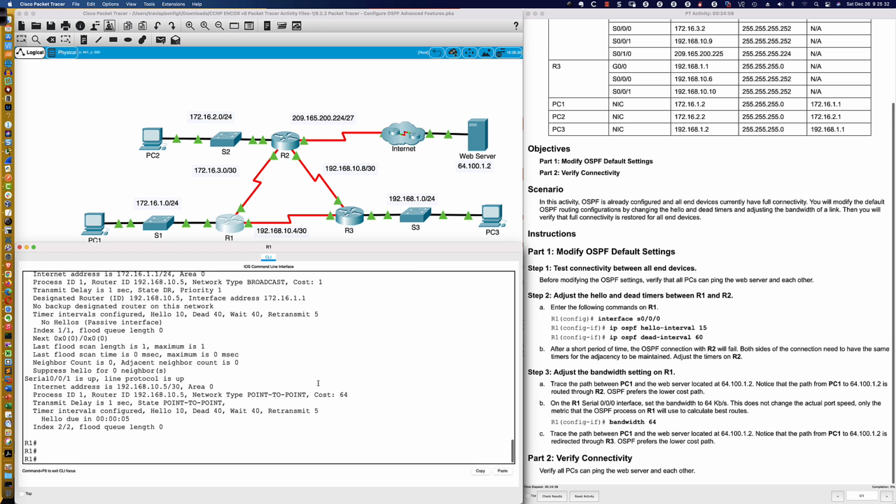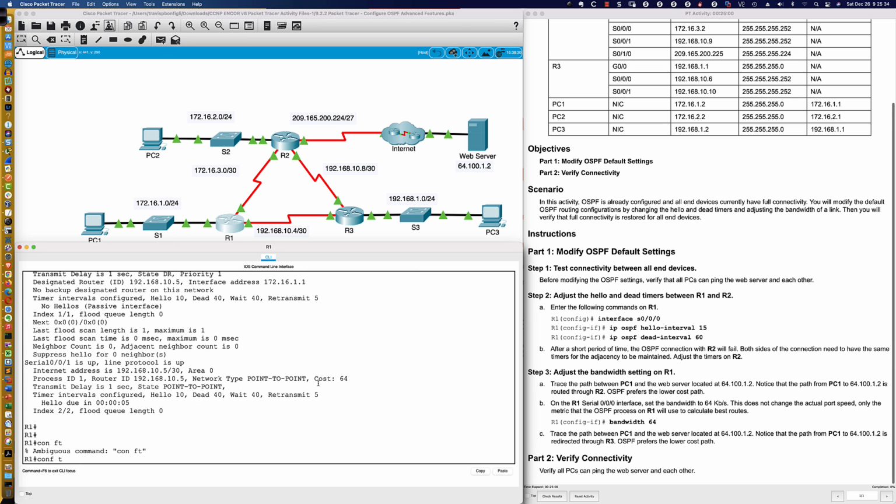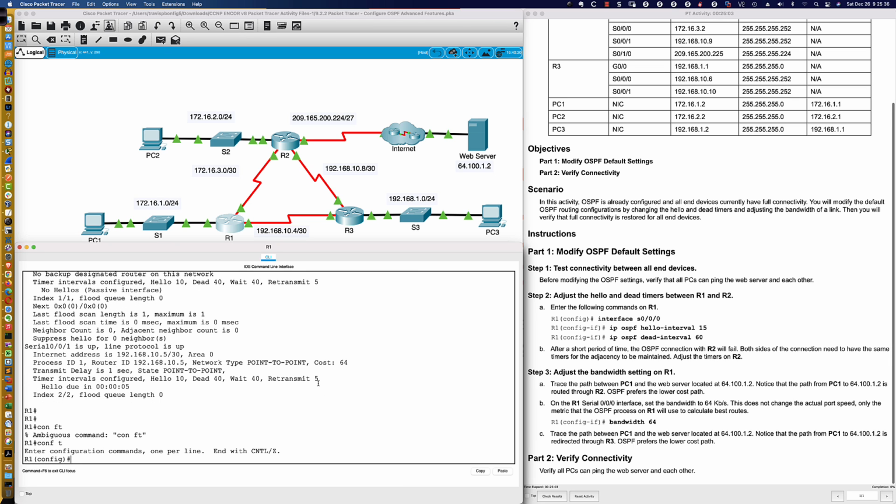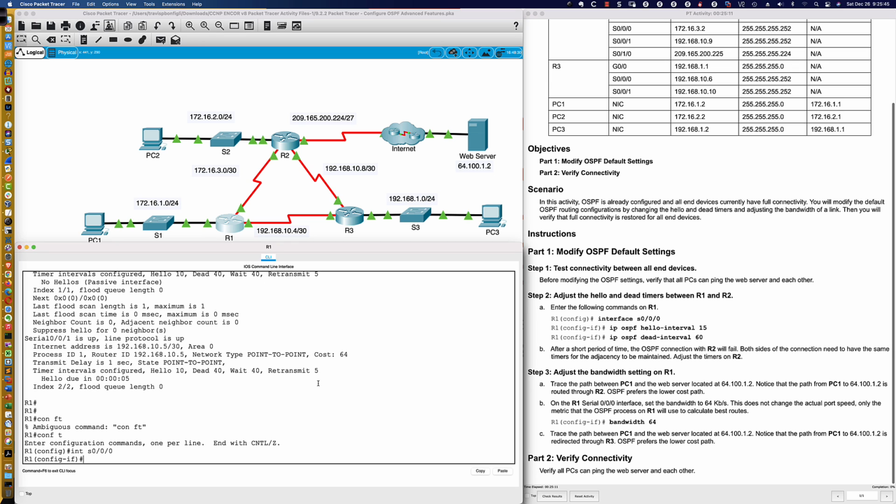So let's go ahead and address what they're asking us to address, and that's going to be the hello interval and the dead interval. Well, how do we do that? We have to go into the interface specifically that we want to tweak these values for. And again, we're talking about the serial 0/0/0 interface, which is right here on router 1 connected to router 2.